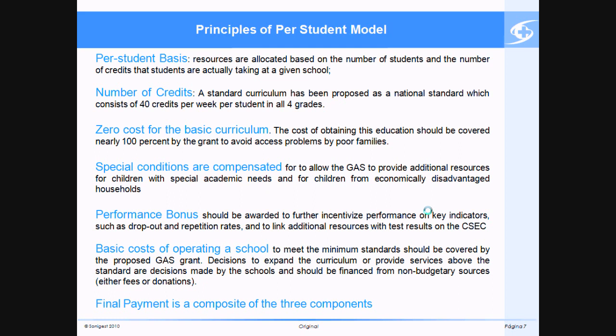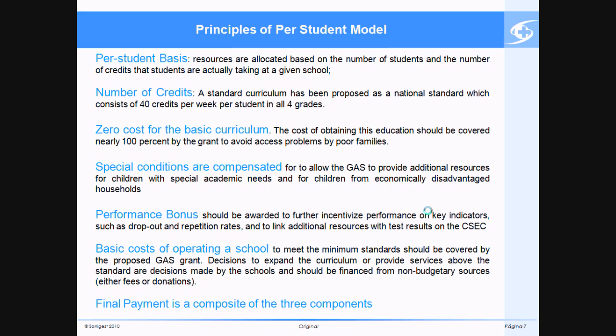The assumption here is that we will be establishing a national curriculum, a standard curriculum at the secondary level of 40 credits per week in all 4 forms. We are also proposing that the cost of this curriculum should be 0 or certainly very close to 0 for all students.